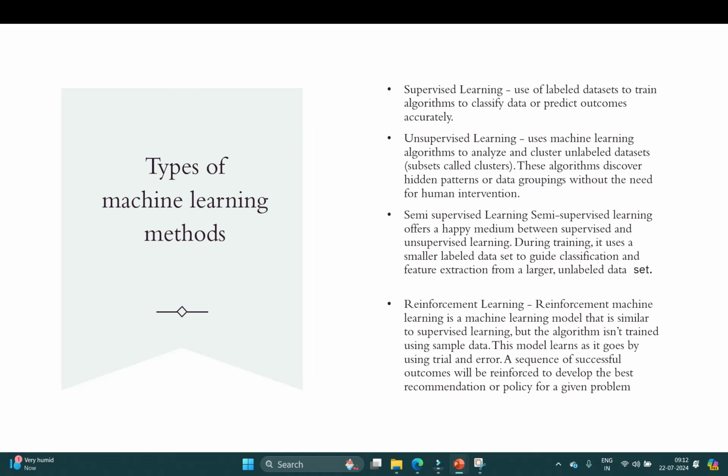So as the name suggests, this is a learning that the machine is doing, but it is supervised. What does that mean? It means that the data that we are keying in to build that machine learning model, it's a labeled data set. So you are training the machine on a labeled data set, and then you are asking it to predict outcomes accurately. What does labeled data set mean?